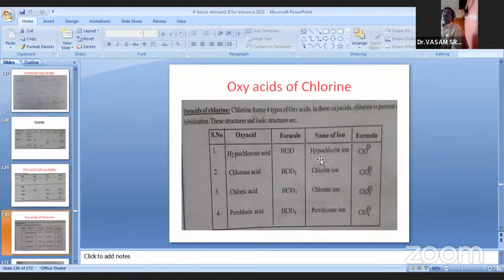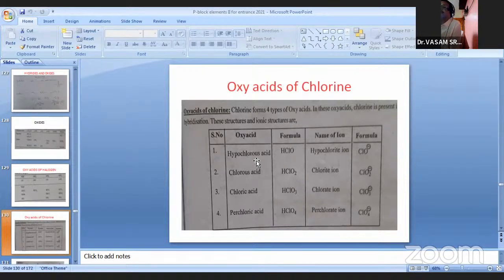And these are the examples of chlorine: hypochlorous, chlorous, chloric, perchloric. The anion is very important here. The name of the ion of the oxyacid: hypochlorite. For an ous acid the salt sound is ite, and for an ic acid the salt sound is ate. Chloric gives chlorate, chlorous gives chlorite, perchloric gives perchlorate.